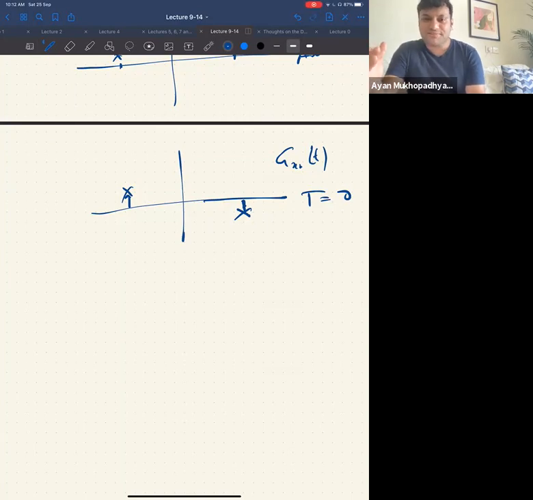Once this computation becomes clear, then the derivation of propagators will also become clear in relativistic quantum field theory, or any quantum field theory for that matter. It's not that relativistic is different from non-relativistic, except that for relativistic theories you can write it in a more Lorentz covariant language. That's the only difference.